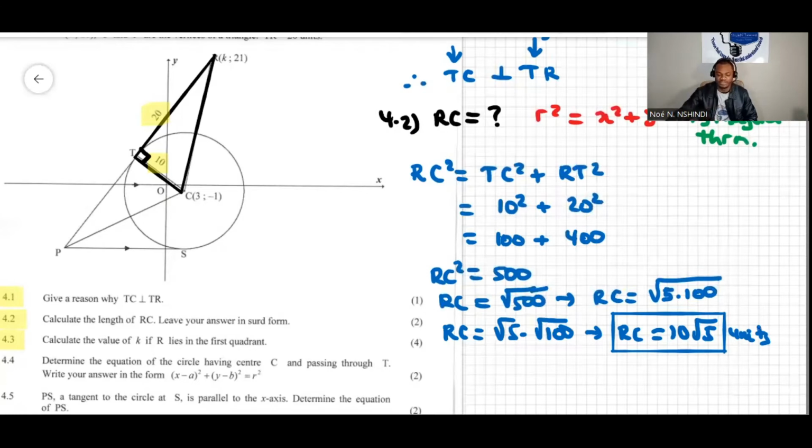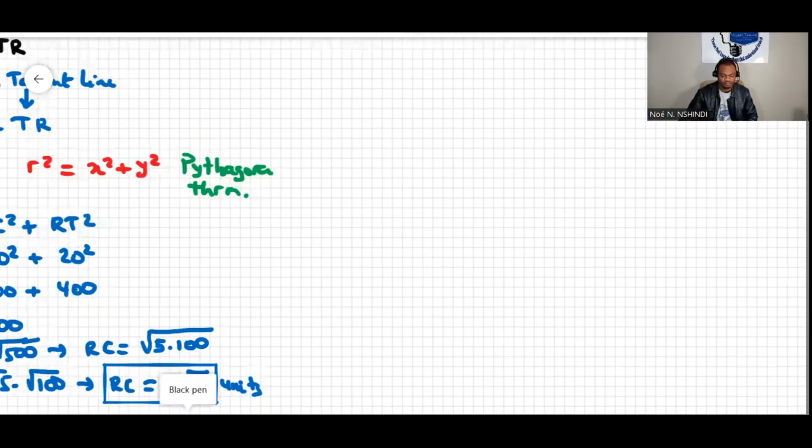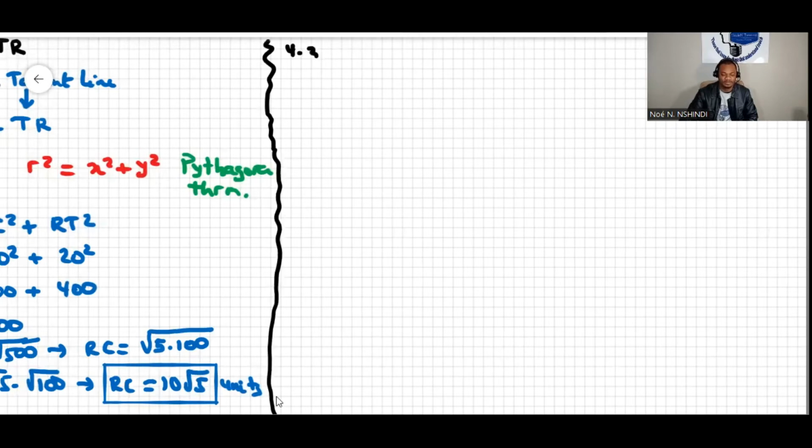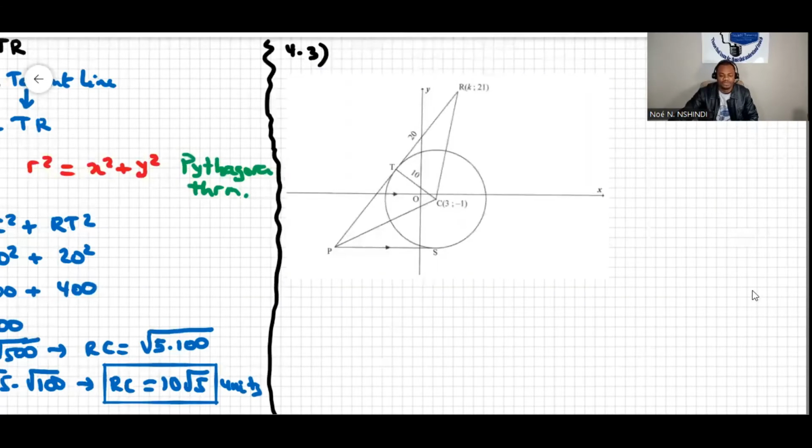All right, I think I need to move my board over here. Okay, 4.3 now, and I am just going to place in the diagram here. Now I need to find the value of k.